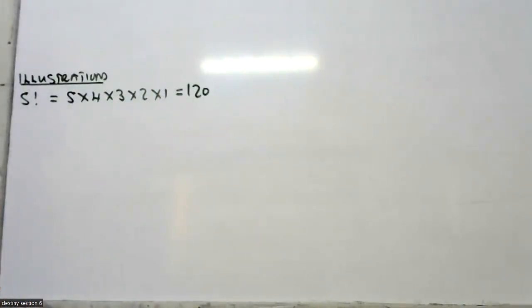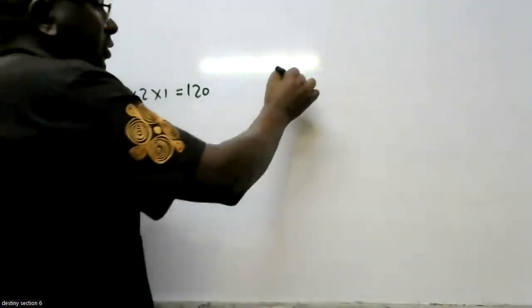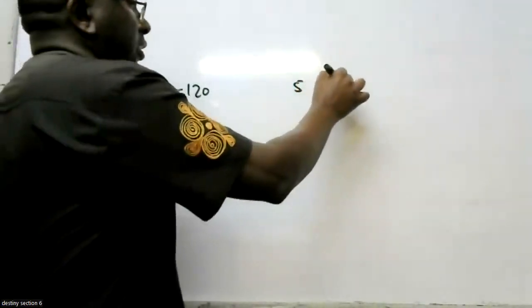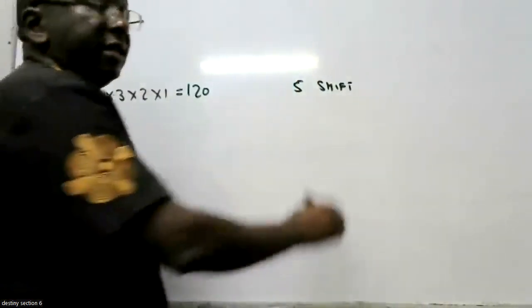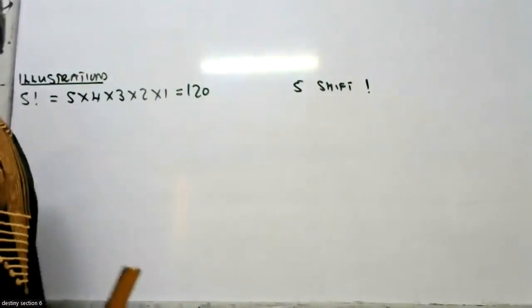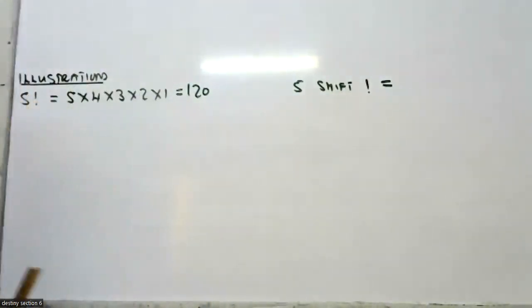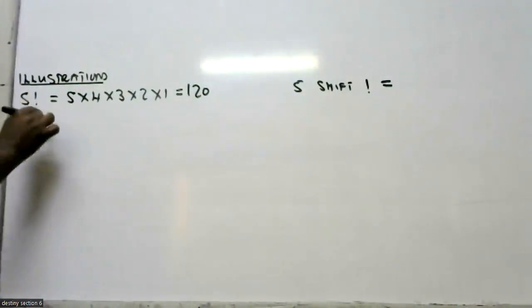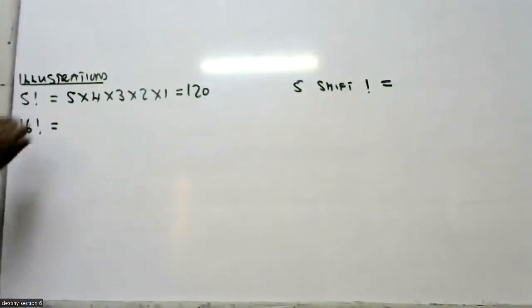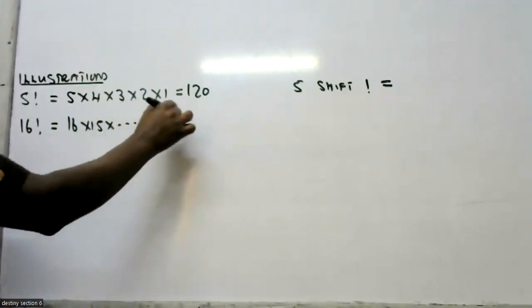But if you are to get it on the calculator, press 5, then press shift, then press the button with the factorial, so that on the calculator you have 5 factorial. Then press equals. Similarly, if I told you to give me 16 factorial, it would be 16 times 15 times all the others back to 1.